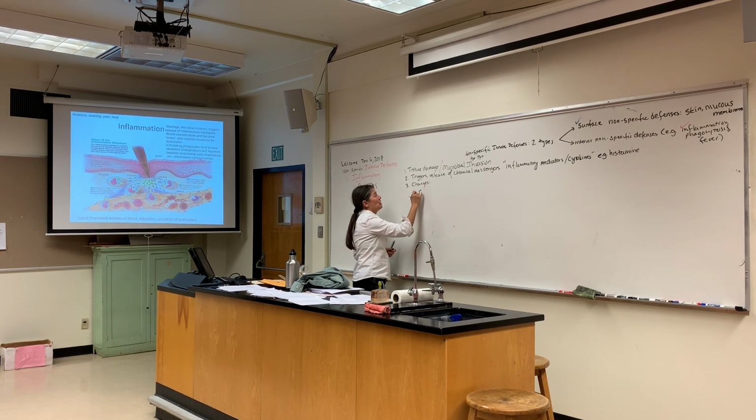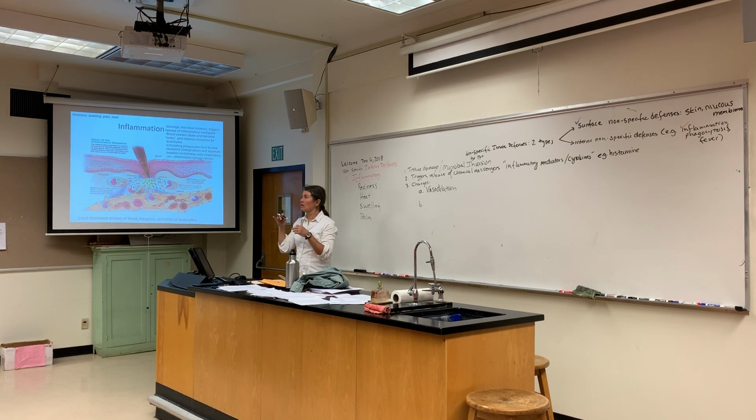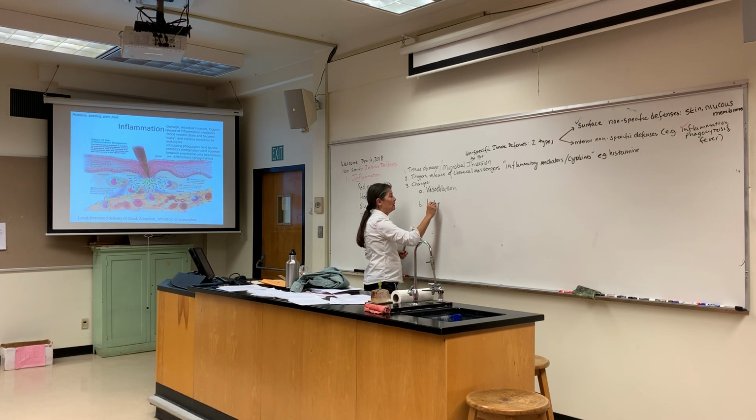So what are some of the changes? We're going to get vasodilation. Our vessels will become leaky. We're going to start leaking the fluid portion of the blood, the plasma portion, from inside the blood vessel to the outside. We're going to get leaky vessels.